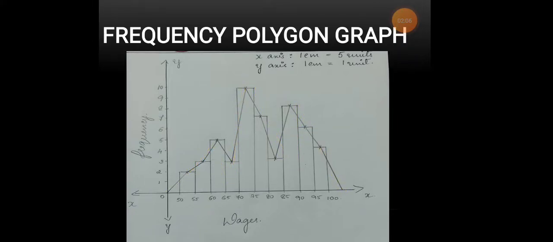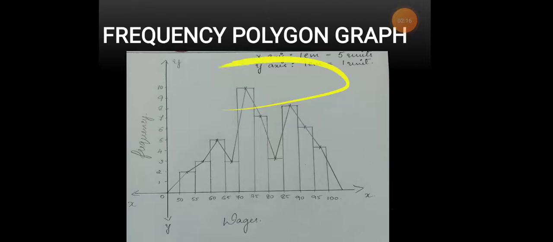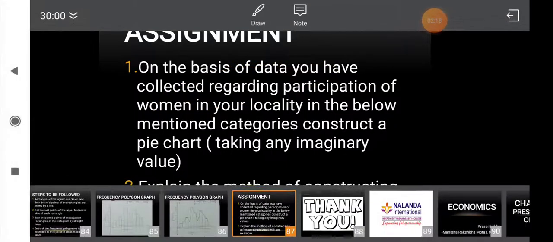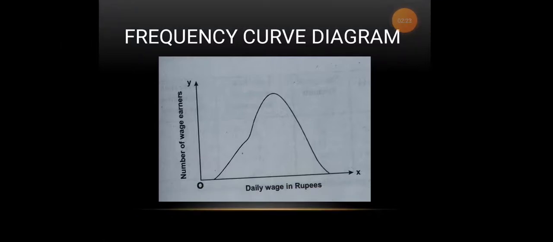Instead, we draw a smooth curve so that we get the highest point and the starting point. So we just draw a normal curve to show which is the highest value. So this is about the frequency curve diagram under the frequency diagram.